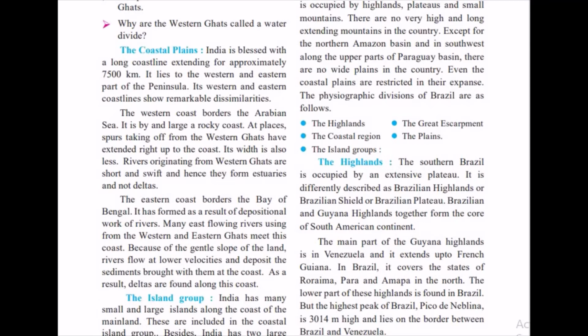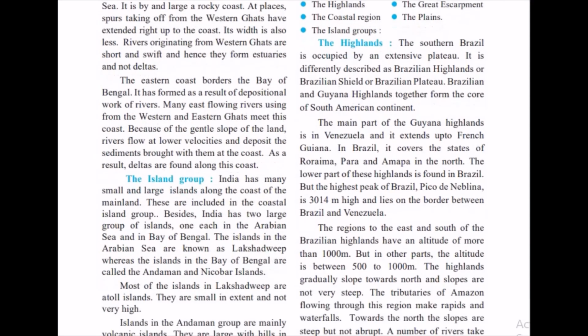It is a large rocky coast. At places the Western Ghats have extended right up to the coast. Its width is also less. Rivers originating from the Western Ghats are short and swift. Because they are short, they are swift. Hence, they form estuaries and not deltas.